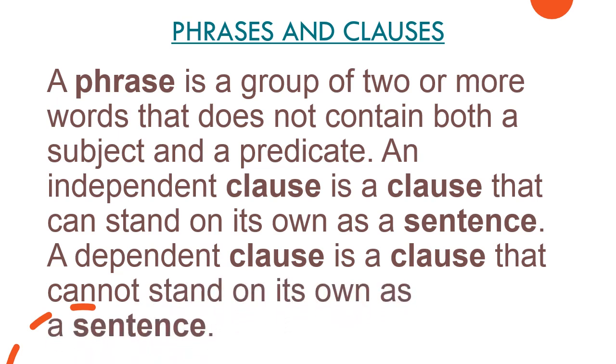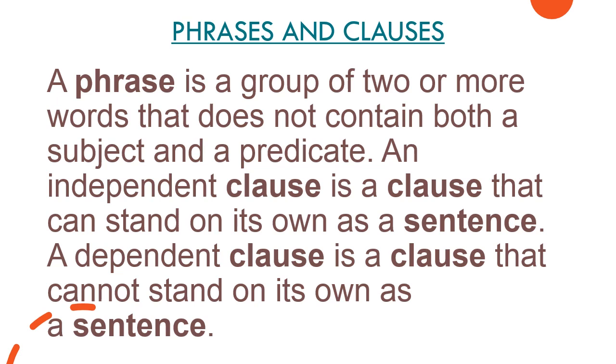So basically, phrases are a group of words which neither have a subject nor a predicate. They are a group of words without a subject and a predicate. And then an independent clause is a clause that has both subject and predicate and can stand as a sentence.